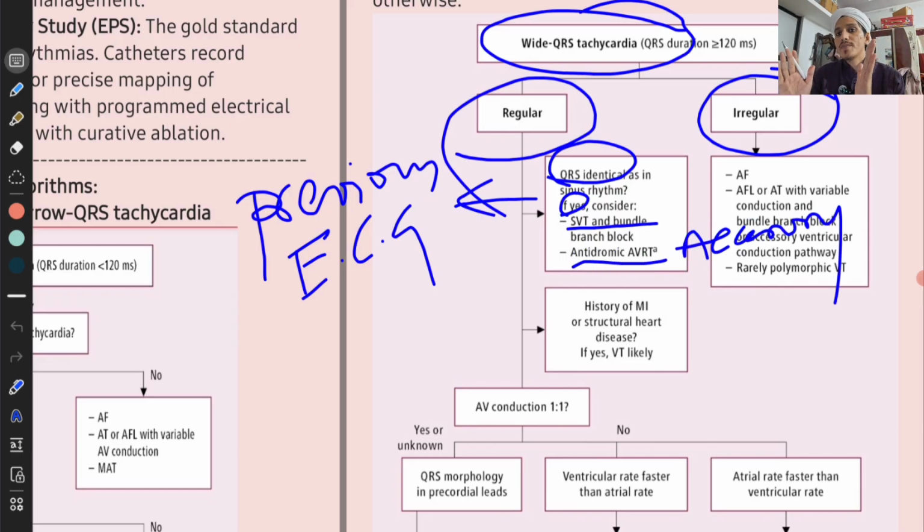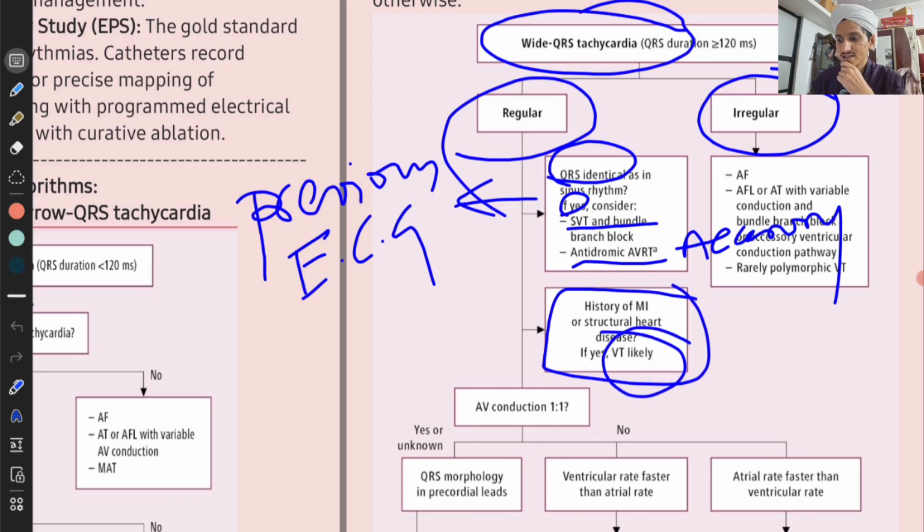Both QRS complexes are similar, so it is nothing but SVT with aberrancy. Remember, compare with the previous ECG. Now, if there is any history of MI or structural heart disease, very likely it is VT.